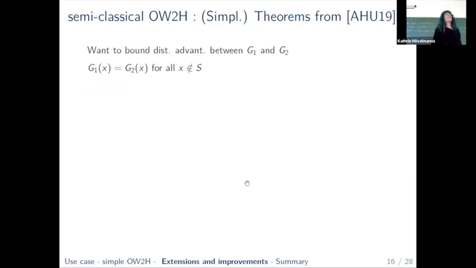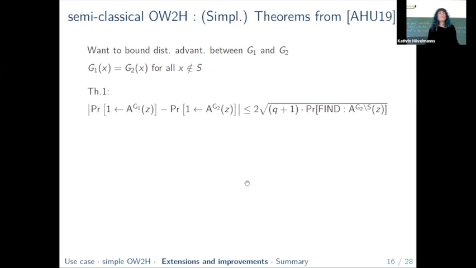Okay, now with this notation, we can finally introduce the theorems that are useful for us. We still want to upper bound the distinguishing advantage between those two oracles that only differ on a subset S. And the first theorem states that the distinguishing advantage can be upper bounded in terms of the number of random oracle queries and the probability that Find occurs if the adversary is run with access to the punctured oracle.